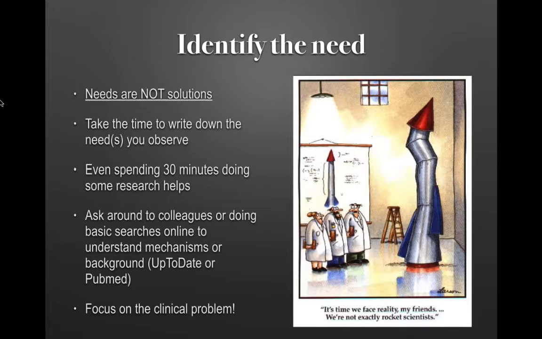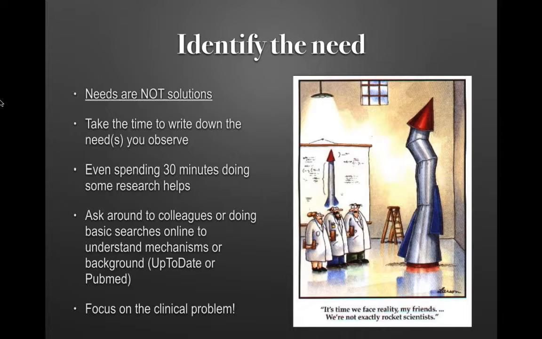So a couple things. Needs are not solutions. So again, when you identify a need, you should really be articulating what the desired outcome is, what you're trying to improve. I think one thing that's, for busy residents, things that you can do, take the time to write down the needs you observe.